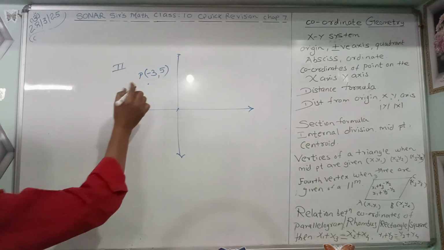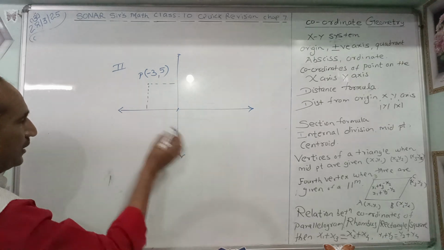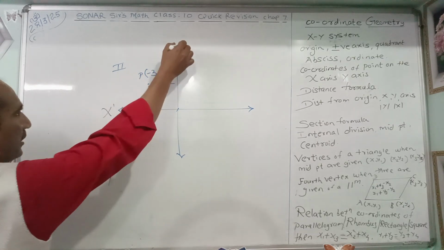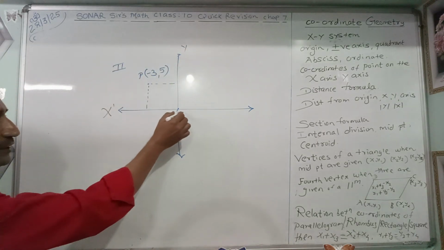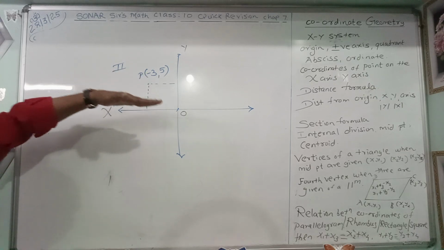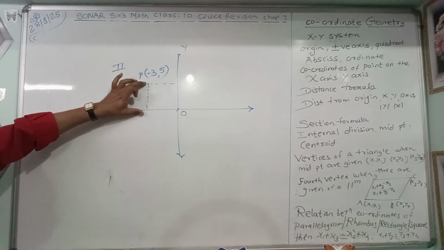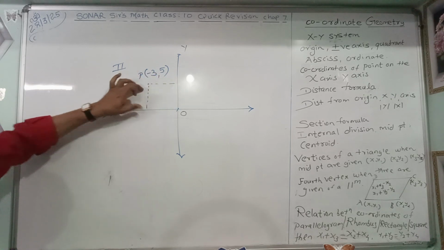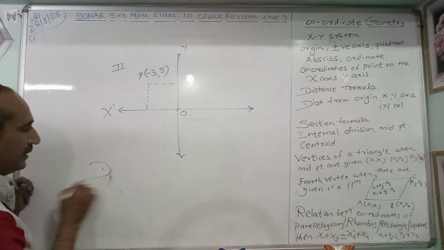Now if we draw perpendiculars from this point to the x-axis and y-axis, it is the origin. The distance of this point from the x-axis is nothing but the y coordinate, and there is a shortcut formula for that.